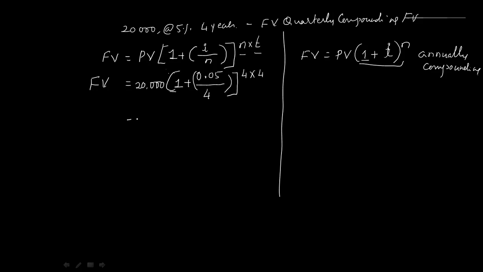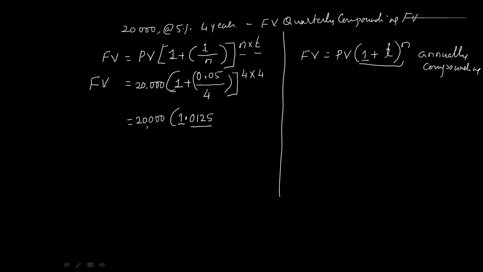So let's come to the calculation. What is the CVF we derive here? Compound value factor 1 point, when 0.05 is divided by 4 times, we derive the answer as 0.0125. So this part we are adding to number 1.